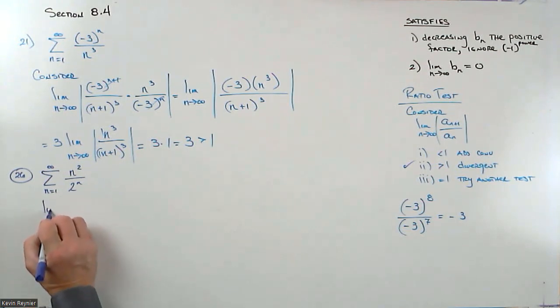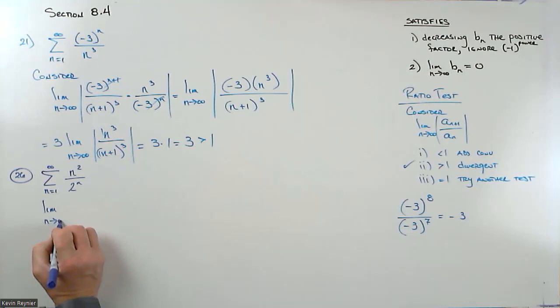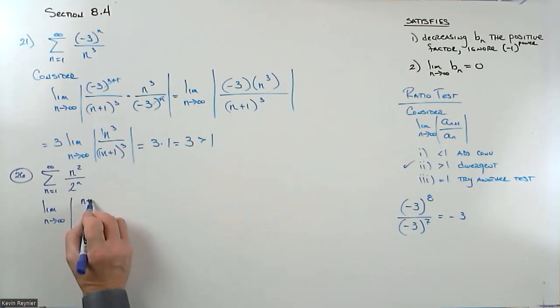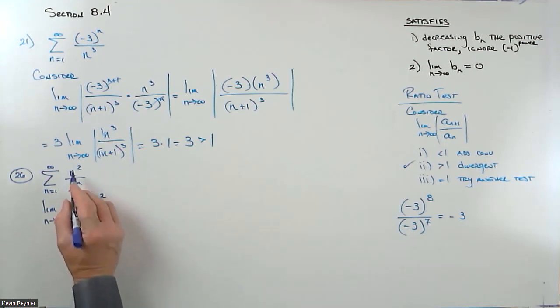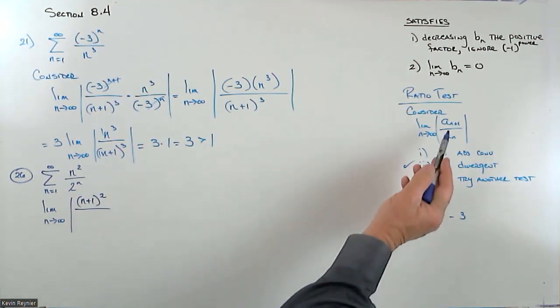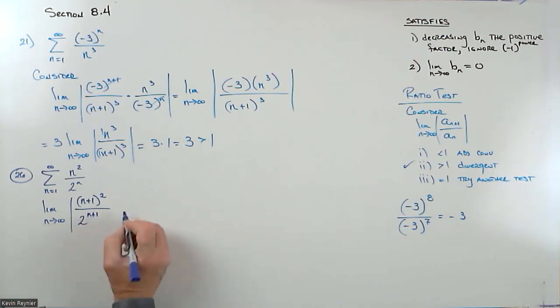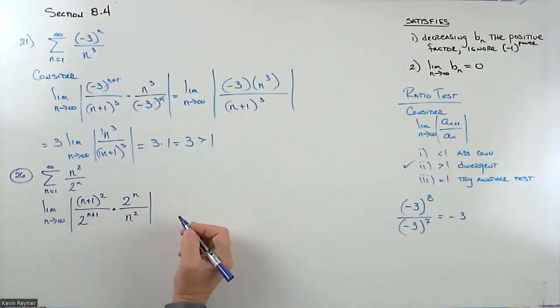So this is going to be the limit as n approaches infinity, the absolute value of n plus 1 squared, right? Because we're doing, remember, a sub n plus 1 over 2 to the n plus 1 times. Now we invert, that's 2 to the n, and this is going to be n squared.